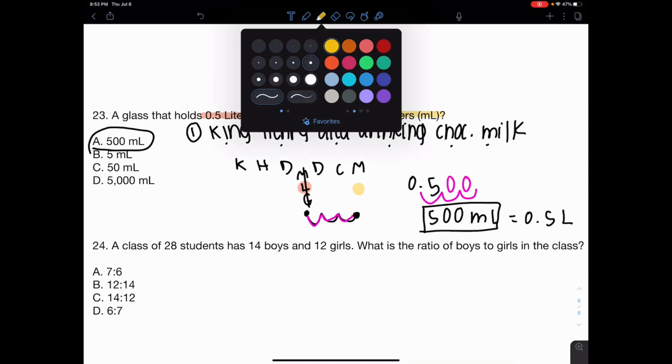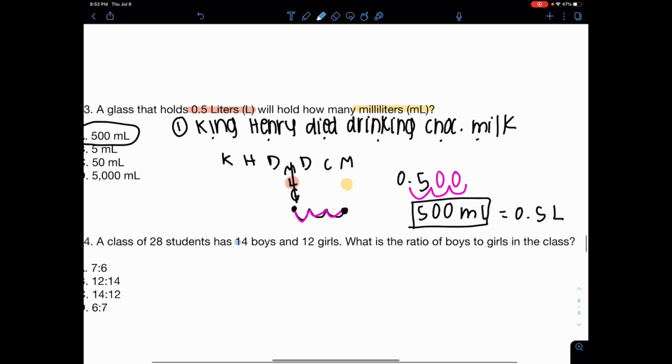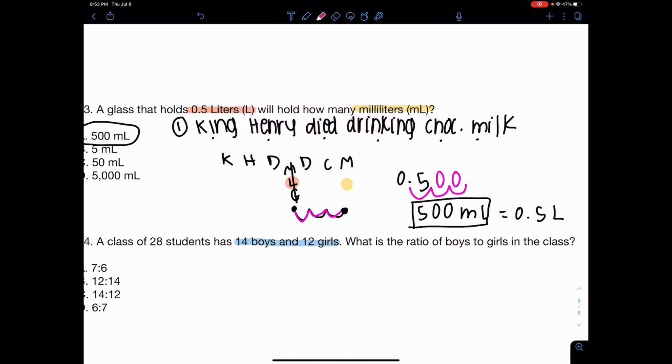One very important thing to know is anytime something is listed out, that is the order it needs to stay in. So if it says, what is the ratio of boys to girls, that ratio number is going to be boys to girls. Here's our boys, here's our girls.